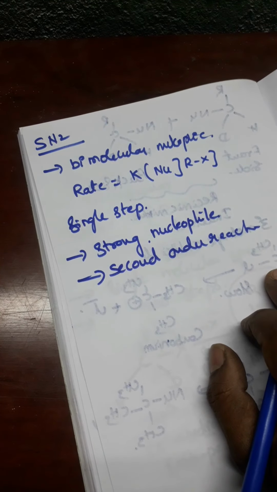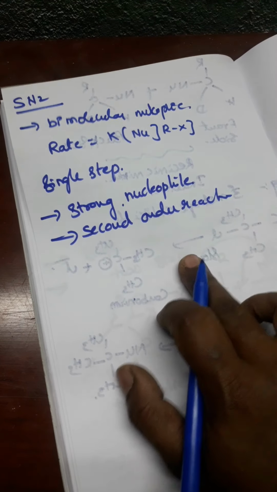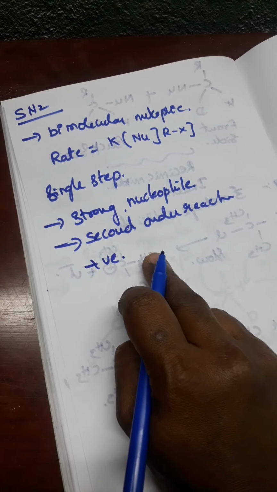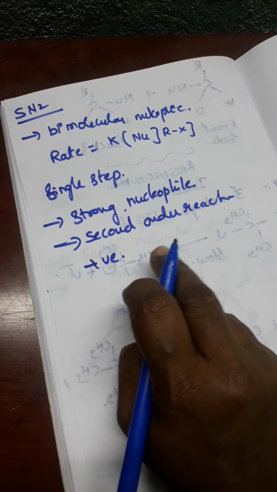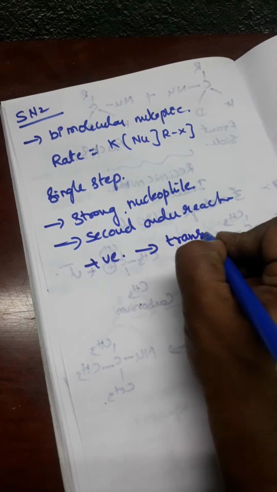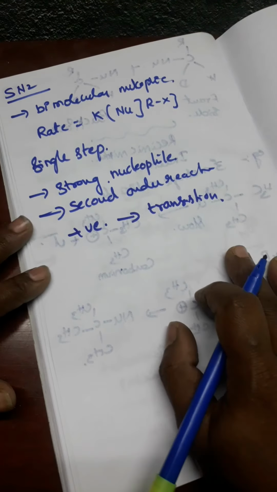Next, a transition state is also formed. Here the nucleophile attacks the carbon with partial positive charge, and it gives the carbon nucleophile bond, producing the transition state. Here the C-X bond breaks and produces the products.